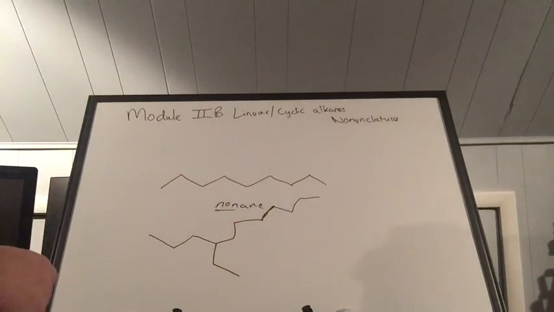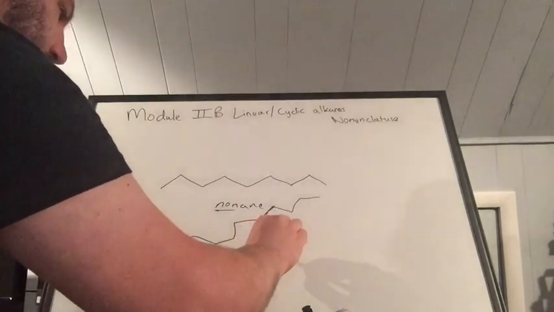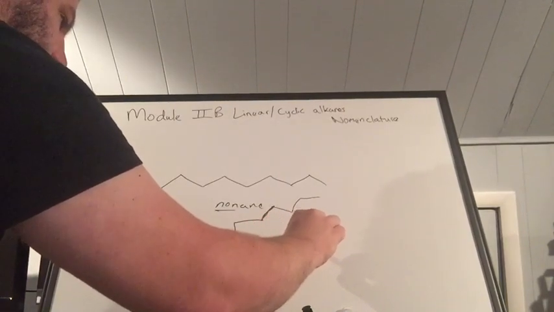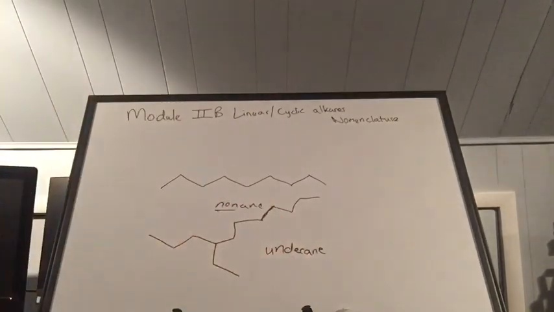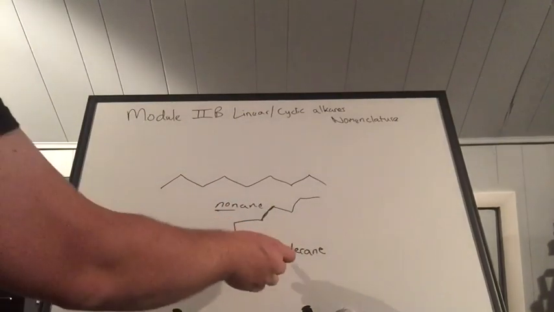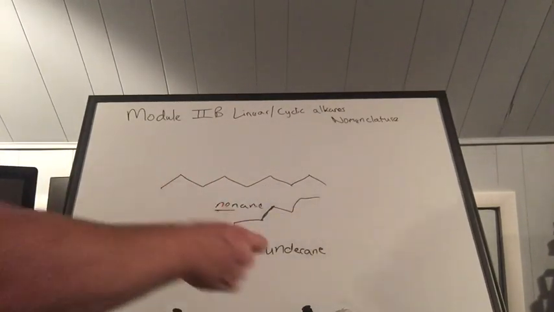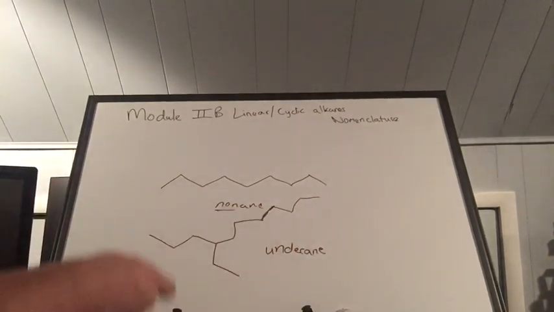So that is going to be undecane. Un is uno, or un if you're speaking French. So undecane: 1 plus 10 gives you 11 in total.